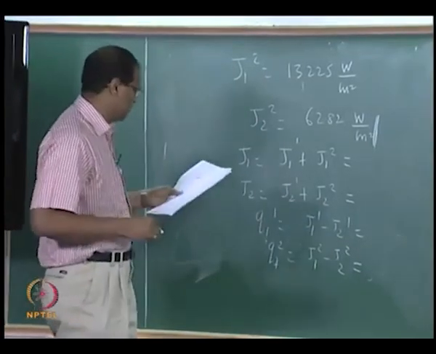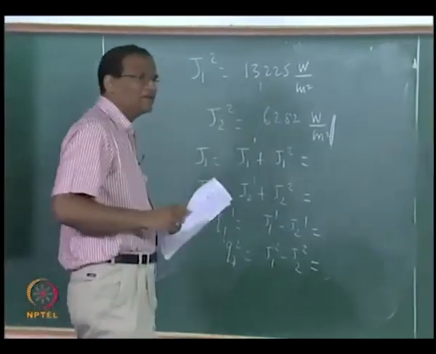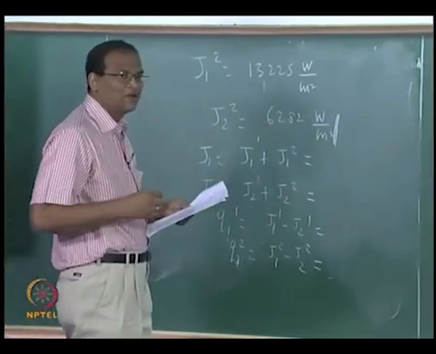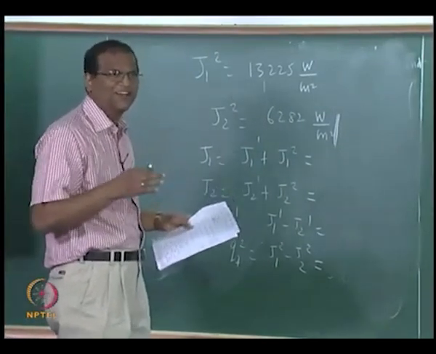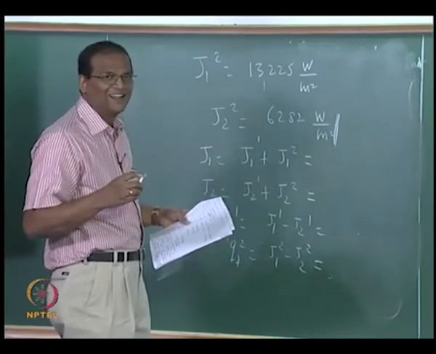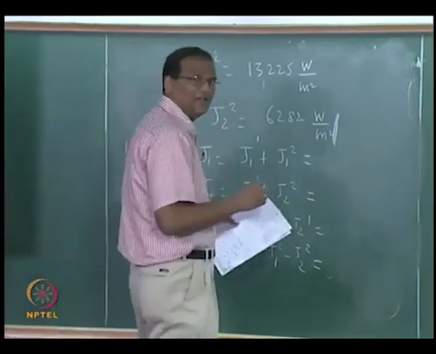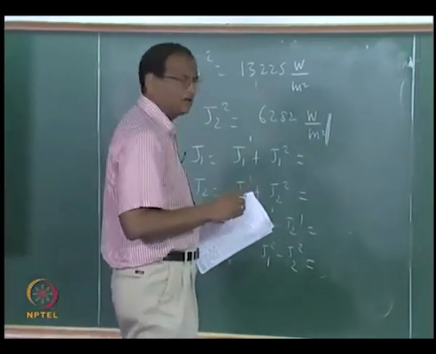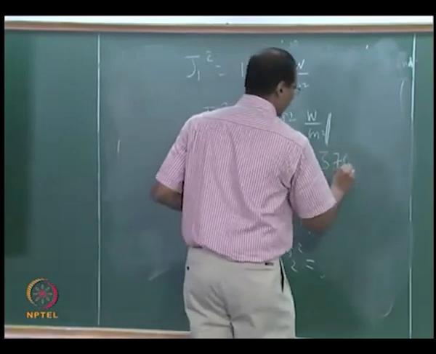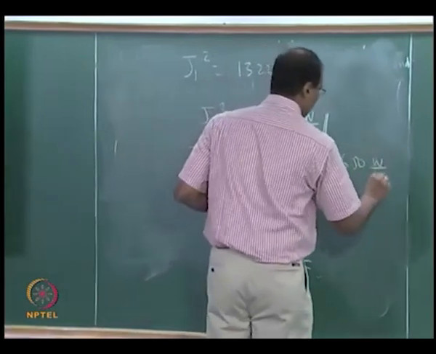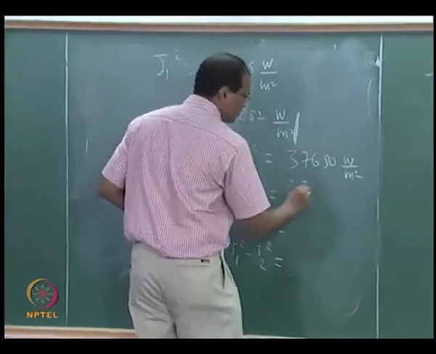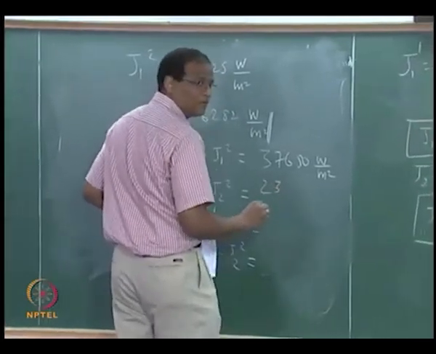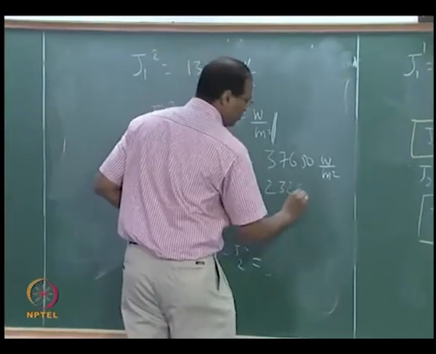Okay. Now, please fill this. J1 is. Directly you can write, but for the sake of completeness, J1 is 37650. Yeah, J2 23,282.